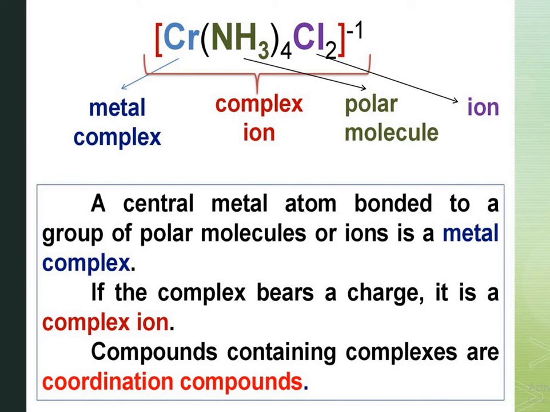Hence, a central metal atom bonded to a group of polar molecules or ions is a metal complex. If the complex bears a charge, it is a complex ion, and compounds containing complexes are called coordination compounds.